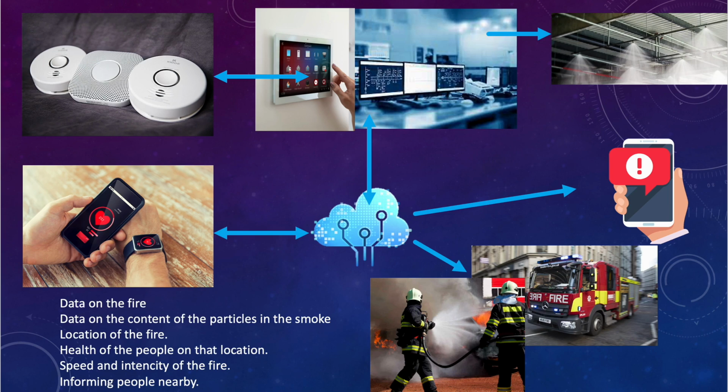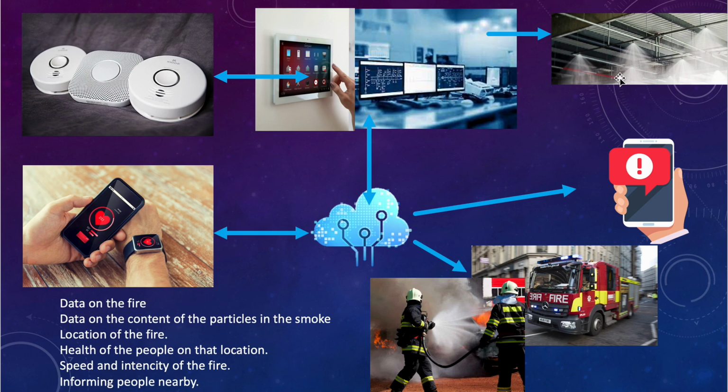Similarly, we talked about network connectivity, and here is a good example. The smart smoke detectors detect the fire, the control unit processes that particular data and actions the needed sprinkler system to activate. So all these things happen without the intervention of a human being.